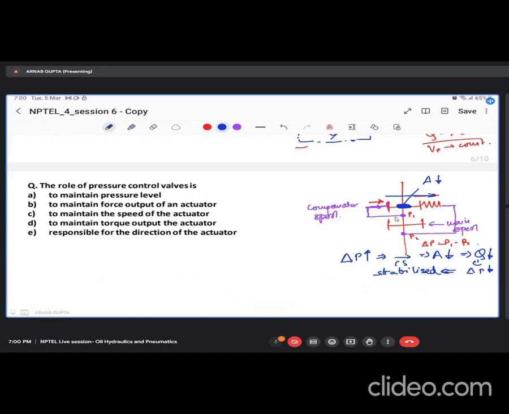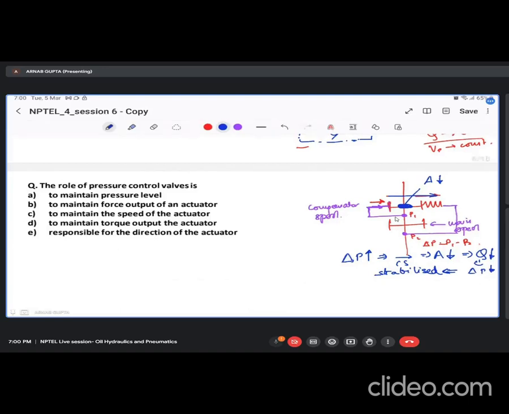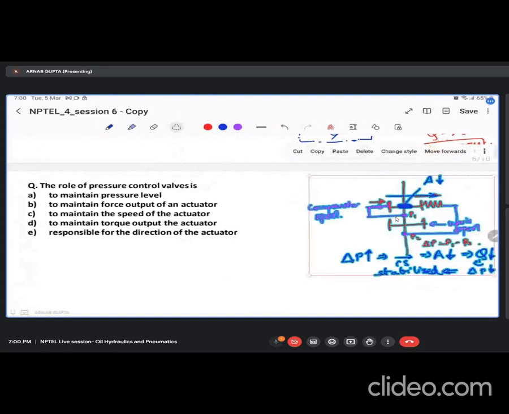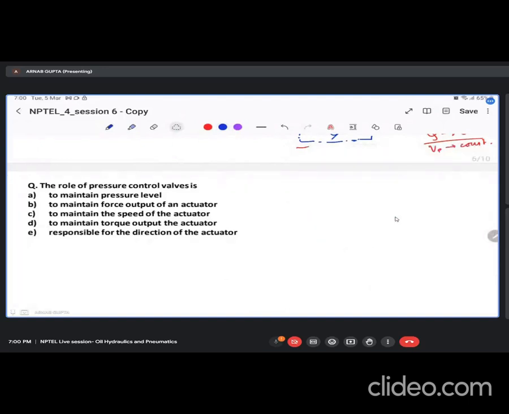Okay, so coming to the next question, the role of pressure control valve is. We already discussed pressure control valves in the last session, I guess. There are different types of pressure control valve like PRV, that is pressure relief valve, and pressure reducing valve, brake valve, sequence valve.